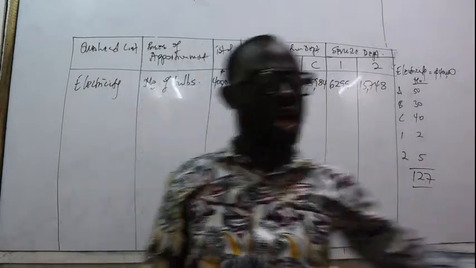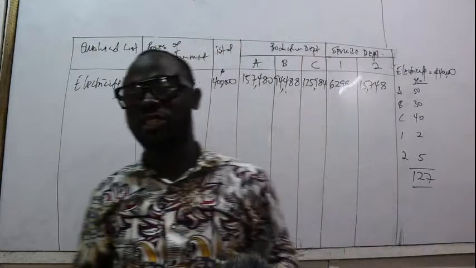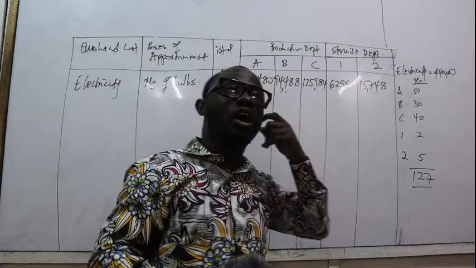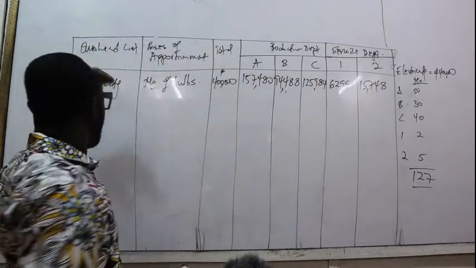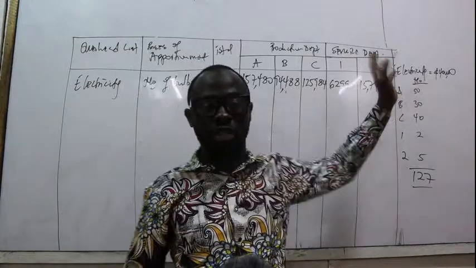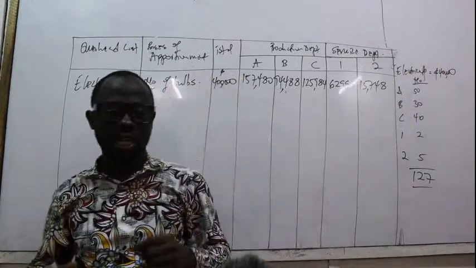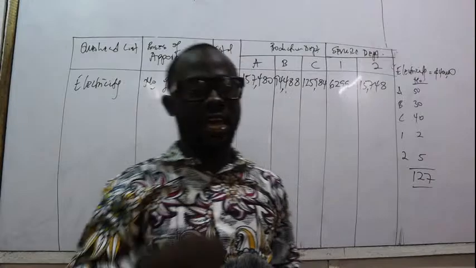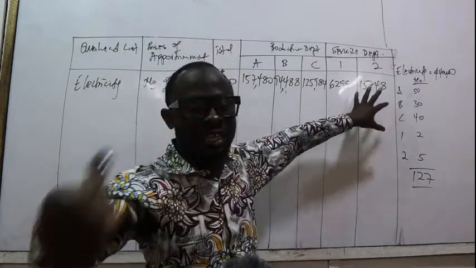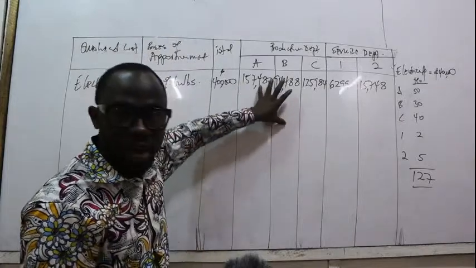So that is how the overhead analysis sheet is prepared. We take the cost item, we look at the basis of apportionment, then we allocate. But the sweet spot is that at the end of the day, the service department exists to serve the production department.